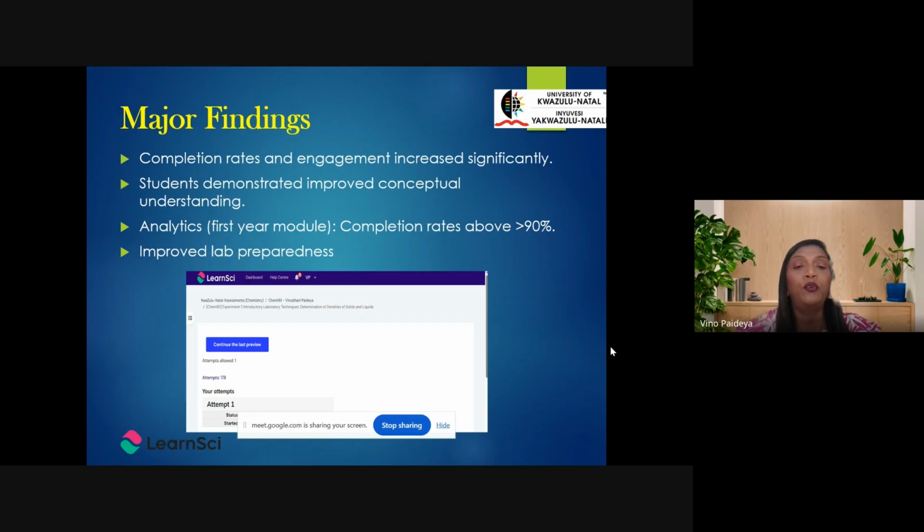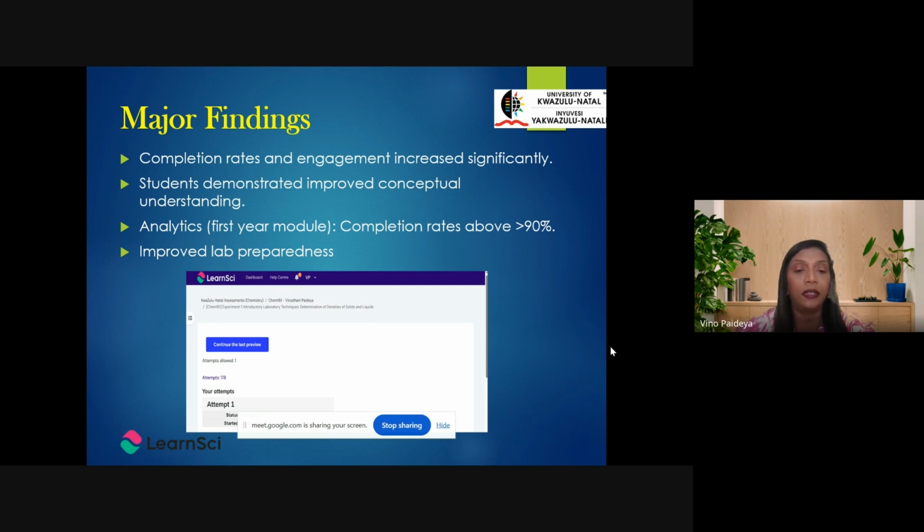And then there's improved lab preparedness, where students actually came understanding the different apparatus. Okay, this is the apparatus that I need to use. These are the reagents that I need to be looking for, and this is how I would carry out my calculations and so forth.